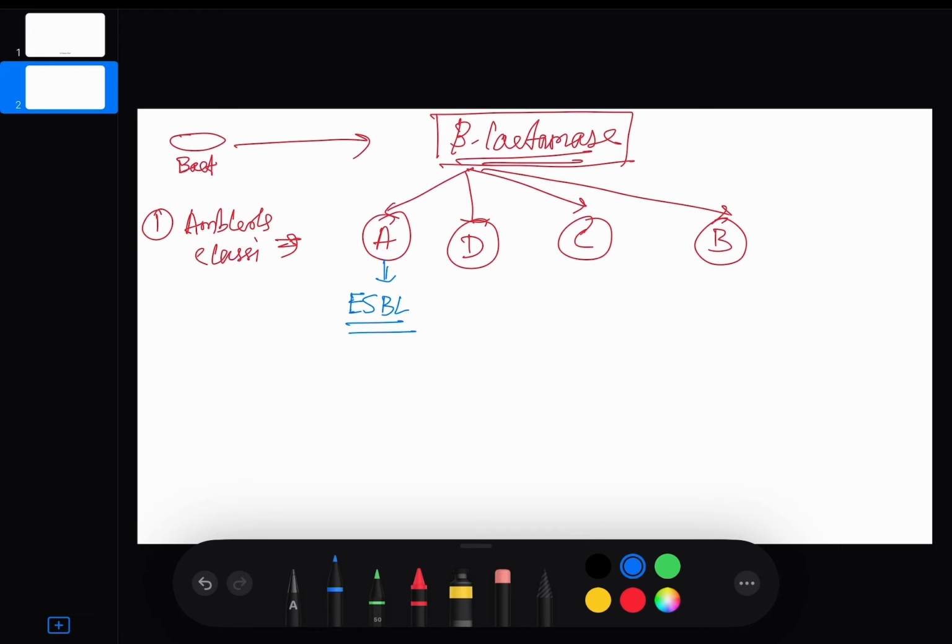I'll tell you about it. The extended spectrum beta lactamase, what is ESBL?